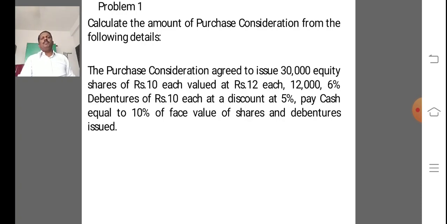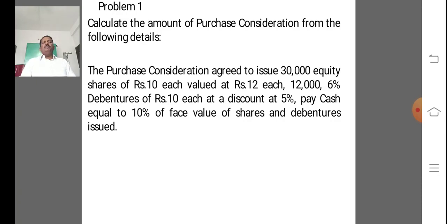So in this problem, the purchase consideration is issued or paid in three forms. One is the issue of 30,000 equity shares of rupees 10 each but valued at rupees 12 each. Another is 12,000 6% debentures of rupees 10 each but at a discount of 5%.